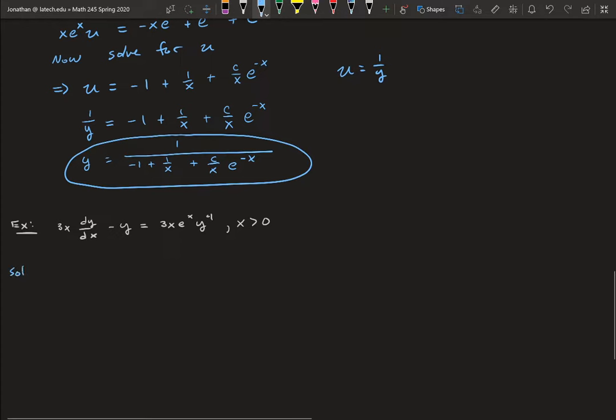So the solution, we'll make sure it's in standard form, so put it into standard form first.